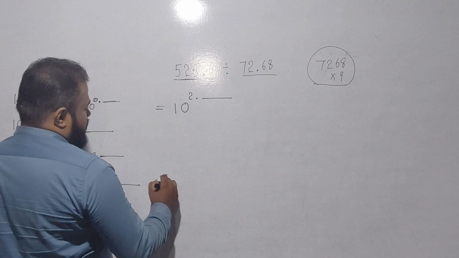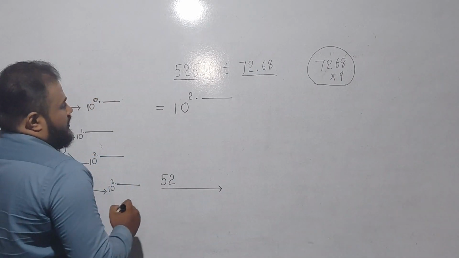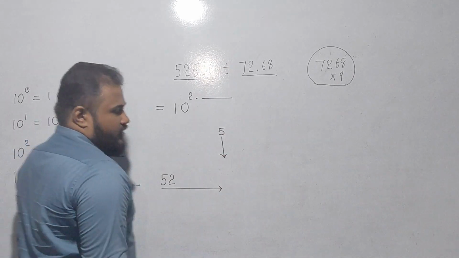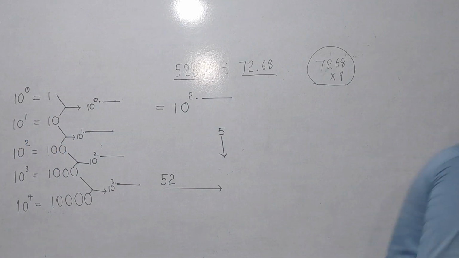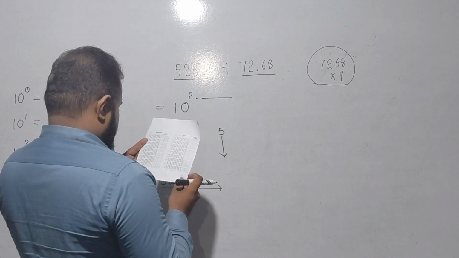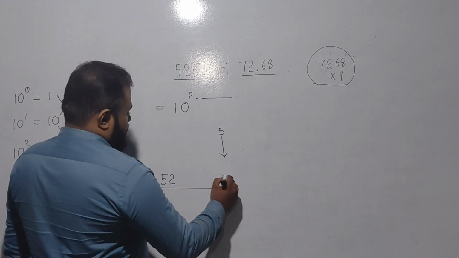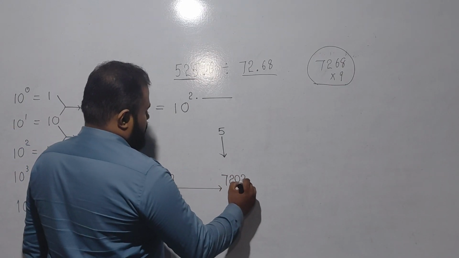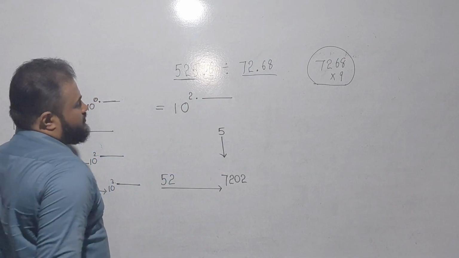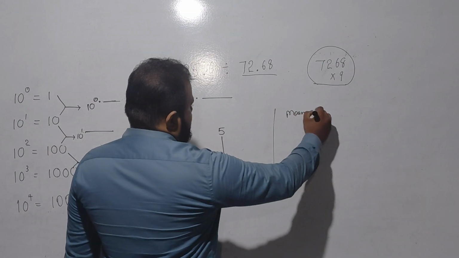How to find that something? We have to go horizontally from 52 and come vertically from 5. There is a value 7202. Then for this 6, we have to go to the mean difference.